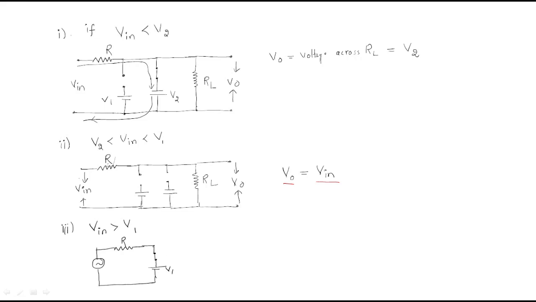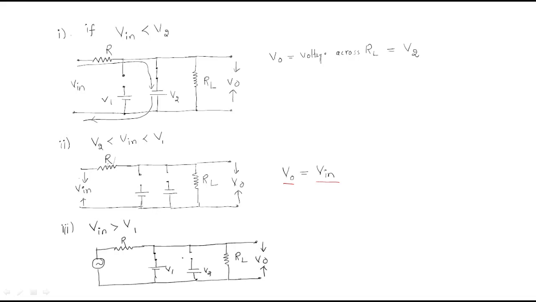And next, the diode will be off, and this is the negative V2, and this is the load resistance. Now it is the V0.